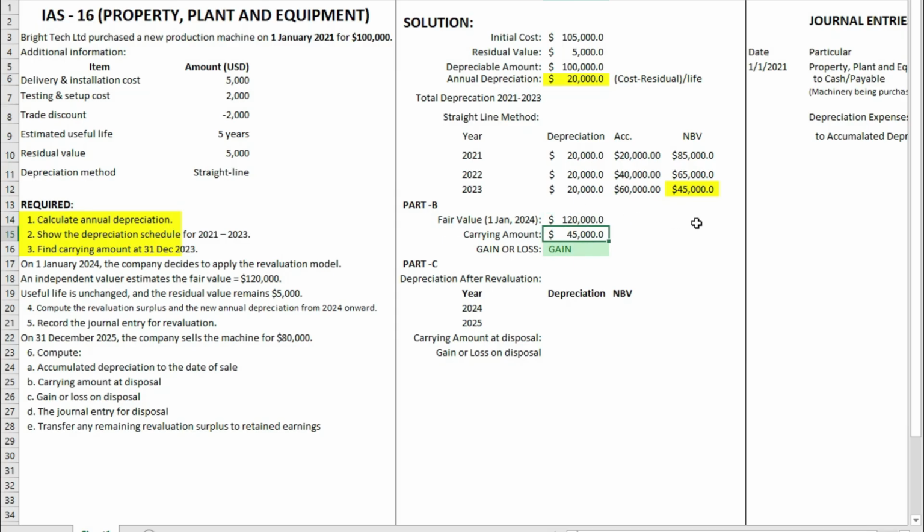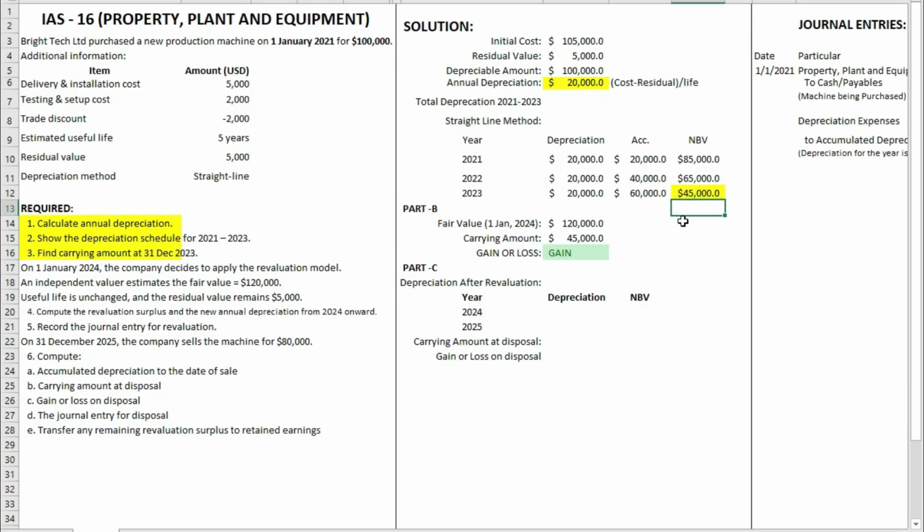So what will happen? On 1st of January we have calculated the gain. Fair value was 120,000 and the carrying amount was 45,000. If I subtract the carrying amount, I have 75,000 of gain.